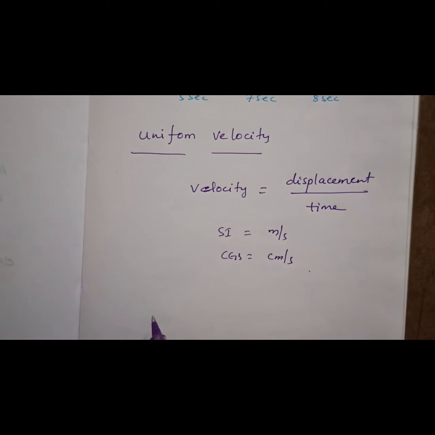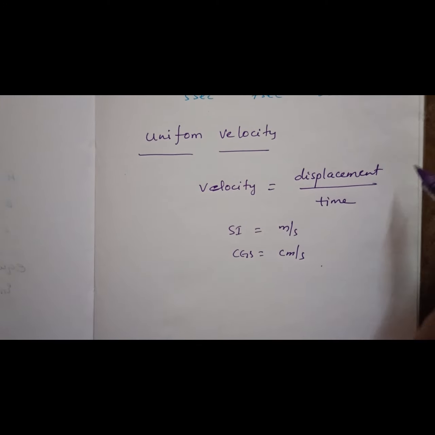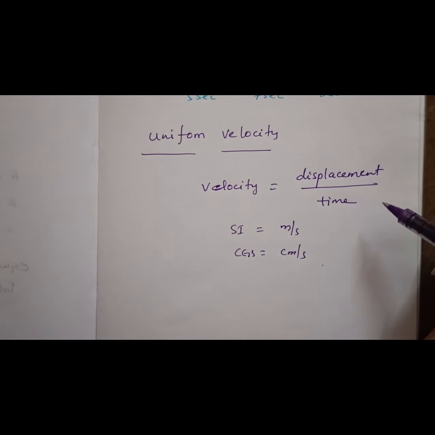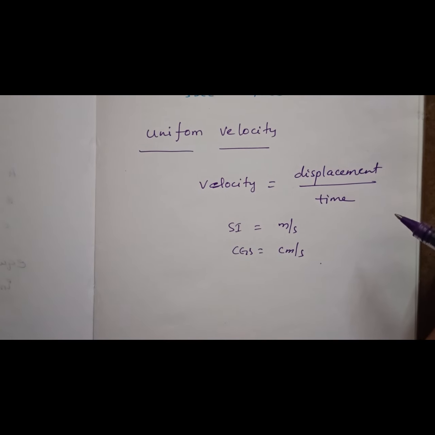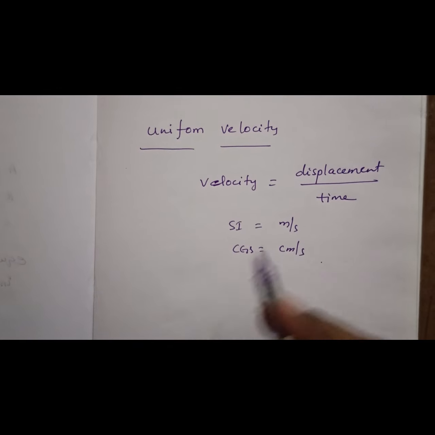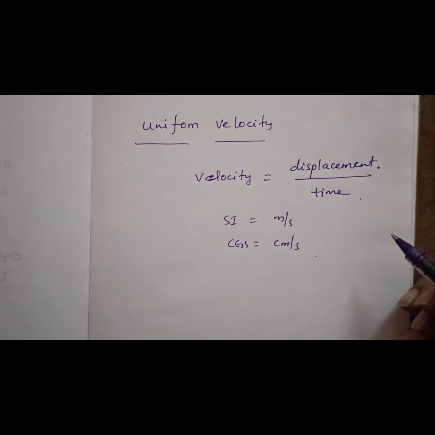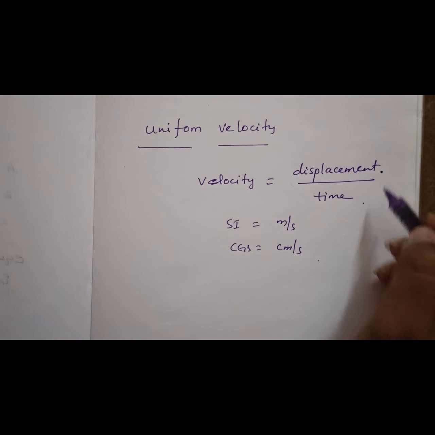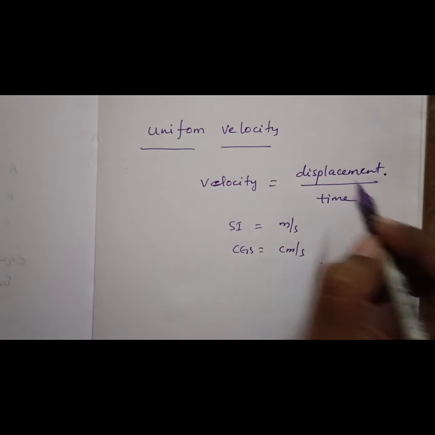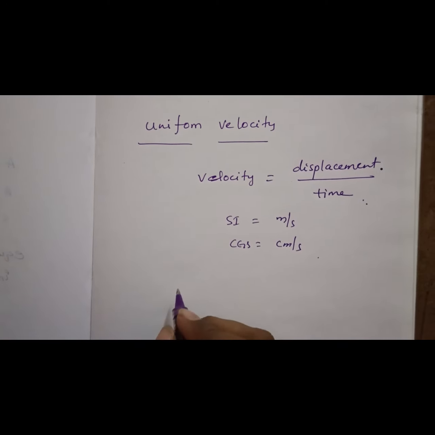Like uniform speed and non-uniform speed, velocity also has uniform velocity and non-uniform velocity. If a body travels equal displacements in equal intervals of time, then it is uniform velocity.